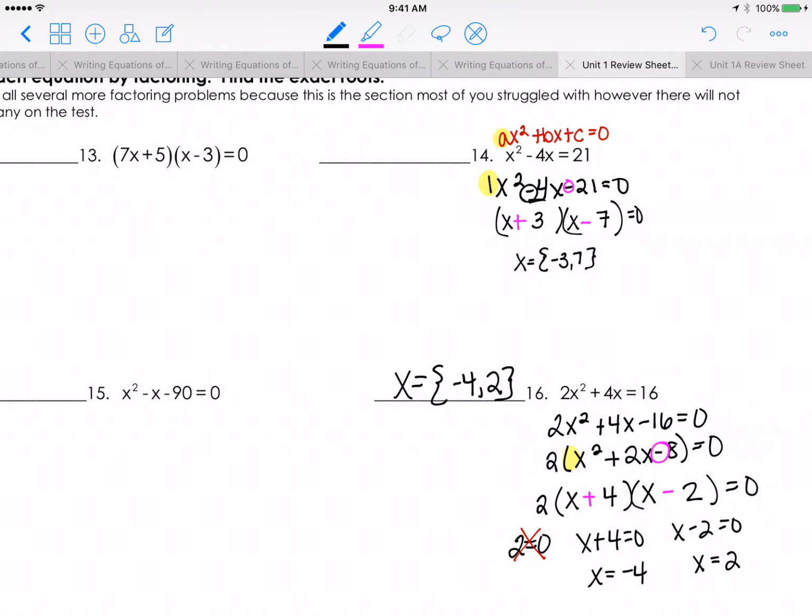But you have to ask yourself, which gets what sign? Well, because this is a negative 4, that means your biggest factor has to have that negative. So 7 would go with a minus, and 3 would go with a positive. And then you would set each one equal to 0. So you get x is equal to negative 3, and x is equal to 7.